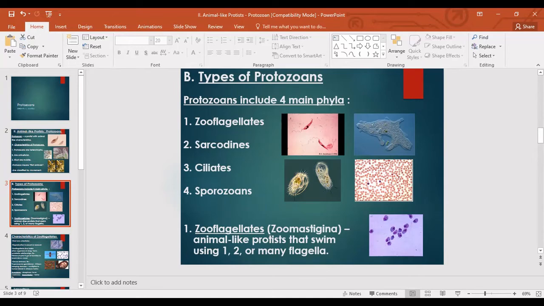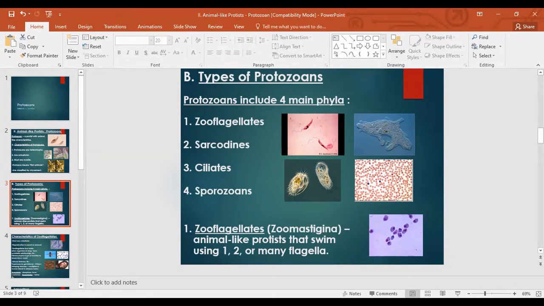Yeah, you will be able to determine the species of amoeba by determining their nuclei pattern, nuclear morphology. So we're done on the protozoans.